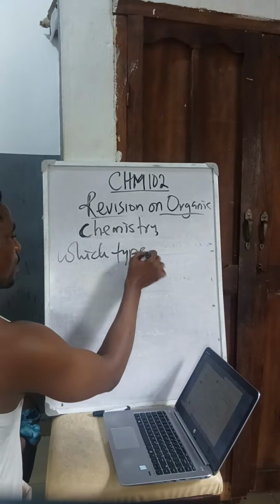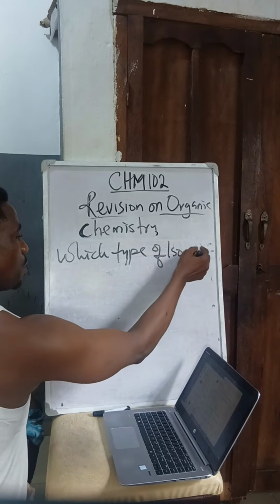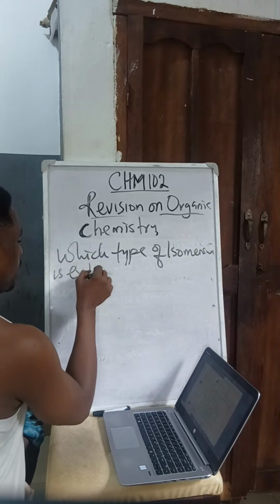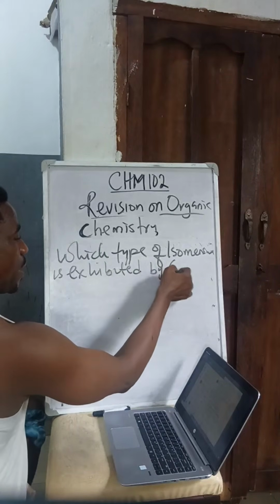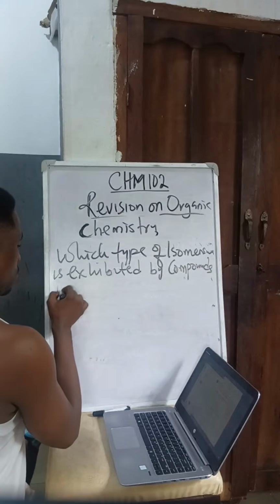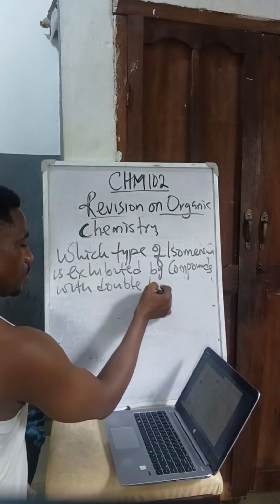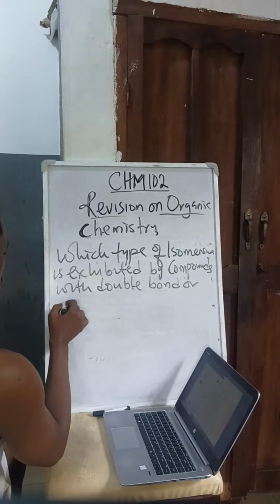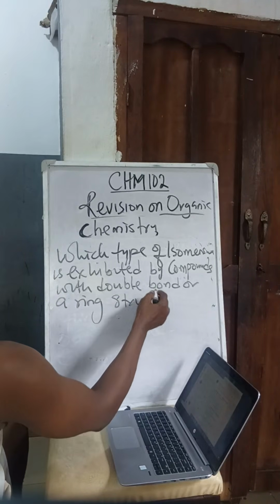Which type of isomerism is exhibited by compounds with a double bond or a ring structure?